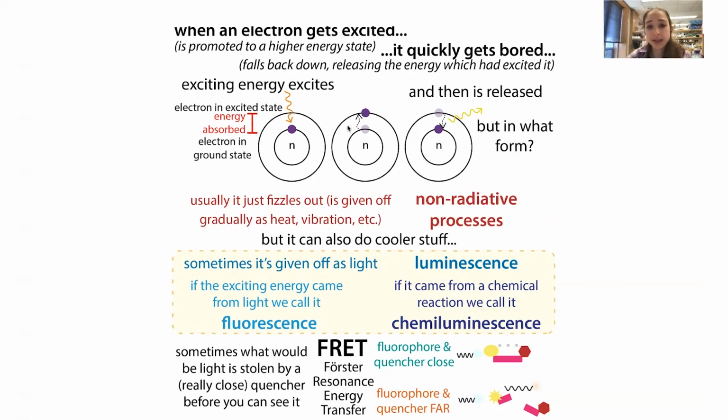But the important thing here is that the ability to absorb this energy is going to depend on whether that energy matches the amount needed to excite the electron to the higher level, because it has to be a perfect amount to excite it. The distance between these levels is determined by the molecular makeup.